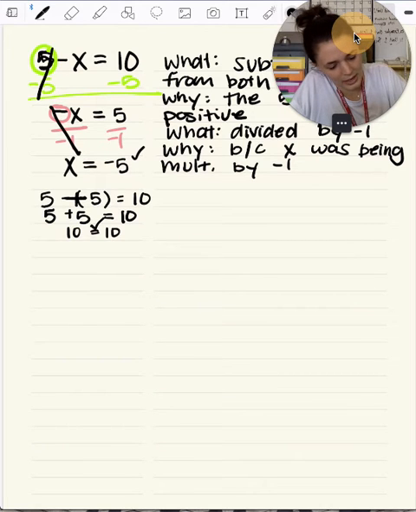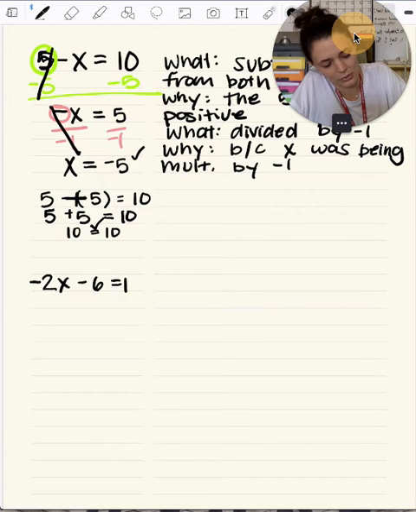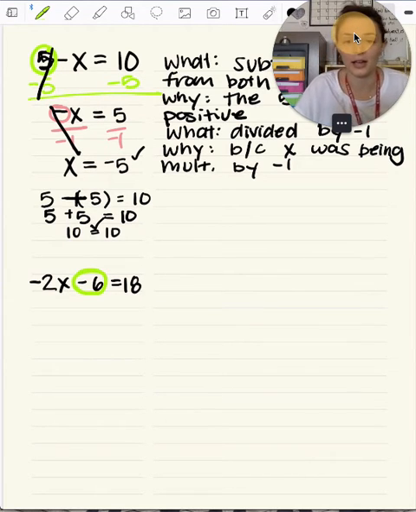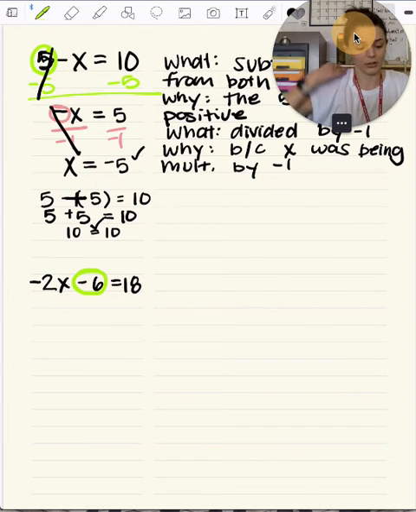We have -2x minus 6 equals 18. First, going to look for my addition or subtraction. Right here I see my -6, which is the one that's not attached to the x, so that's the one we're going to get rid of first.